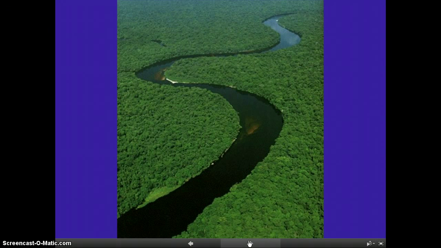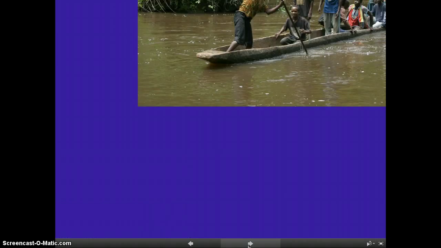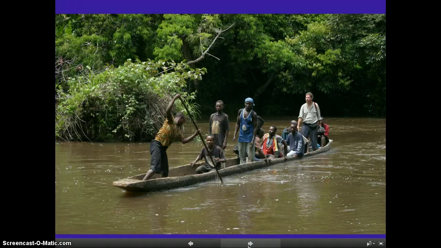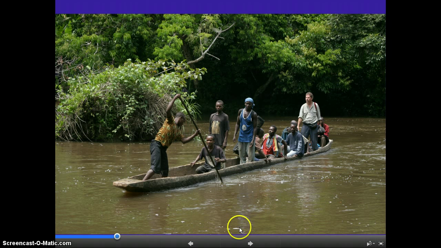Here is a picture of the Congo River running through the rainforests. And one of the more notable methods of travel on the Congo River, this would be a tree hollowed out into some sort of canoe. And that's one of the main methods of travel in DRC, especially on the rivers.